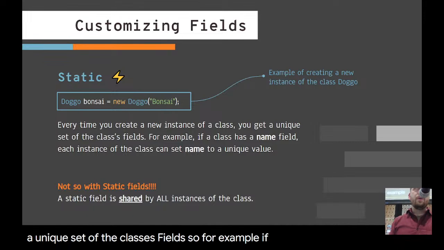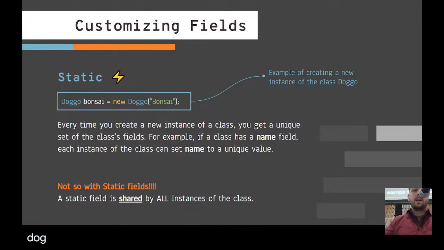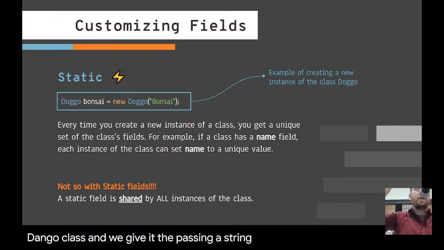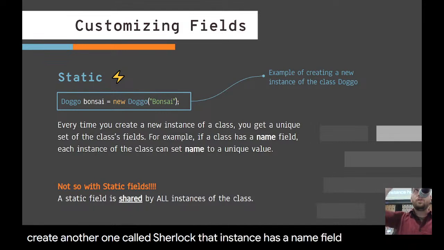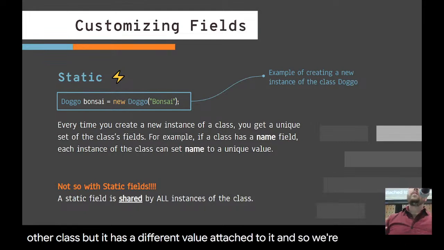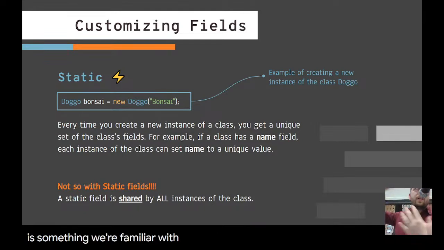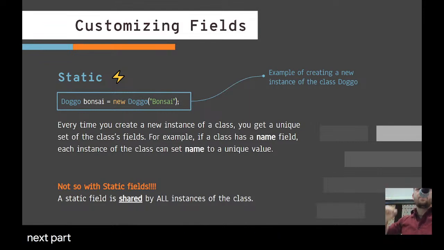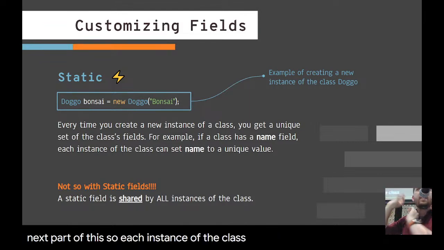So for example, if we create an instance of the doggo class and we pass it a string Bonsai, that instance has the name field set to Bonsai. And if we create another one called Sherlock, that instance has a name field just like the other, but it has a different value attached to it. This is something we're familiar with, but I'm articulating it to set up the next part. Each instance of the class has its own unique data.